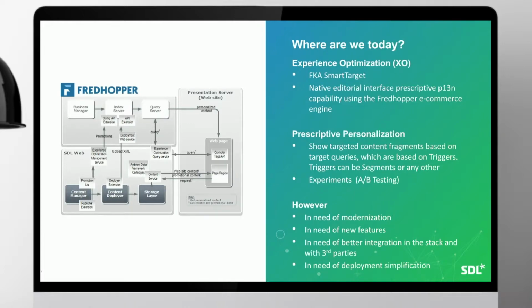However, if we look at the current state of technology today and what we actually want to achieve in the future with personalization and Tridion, we felt that it was in need of modernization, and we also wanted to start creating quite a lot of new and exciting features which fall into the realm of personalization, but also in the realm of, for instance, search.